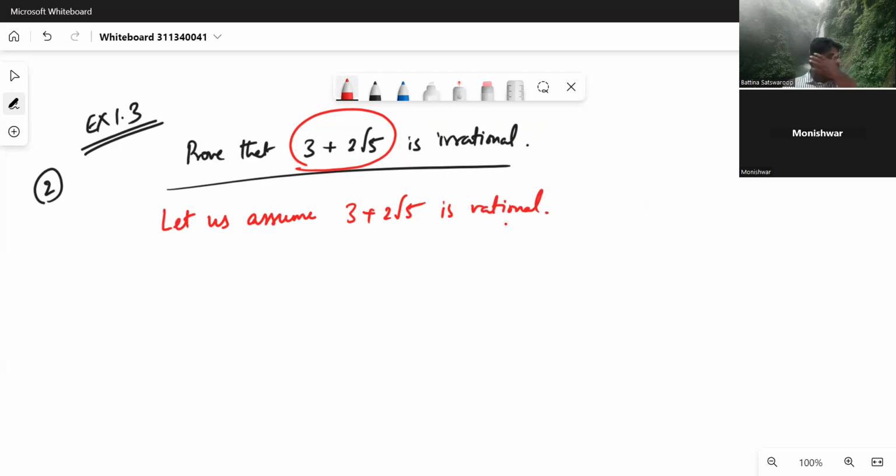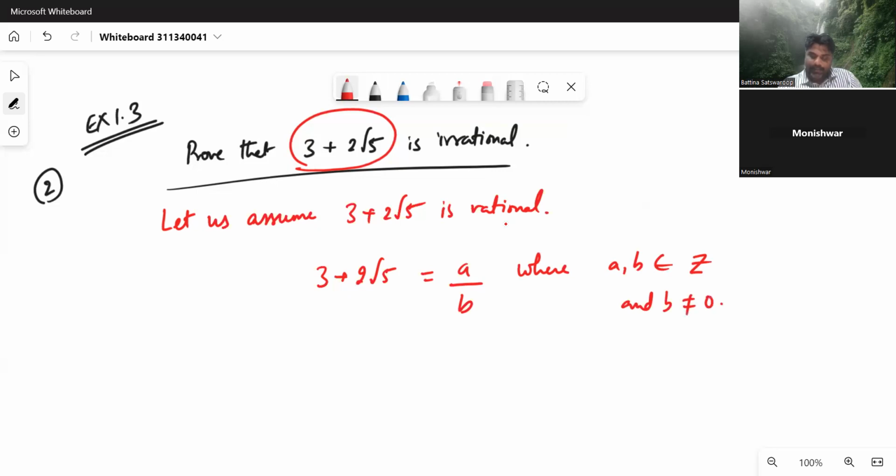When I say it is rational, it can be written in the form a by b. A rational number is one you can write in the form p by q, where q is not equal to 0 and p, q are integers. So where a, b belong to integers and b is not equal to 0.